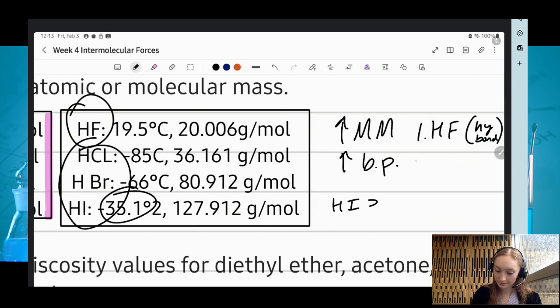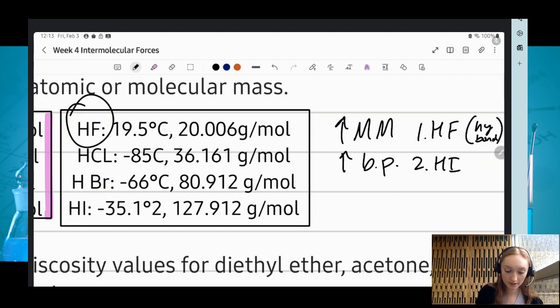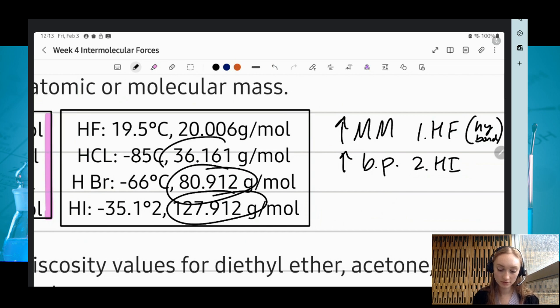But number 2 is going to be HI, and then HBr and then HCl because of the molecular weight. The hydrogen iodide here weighs the most, and then it follows with these two being lighter because of that molecular mass difference. Then it's going to decrease in boiling point, just the same effect as with the noble gases.